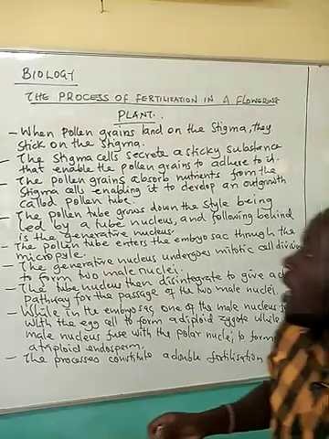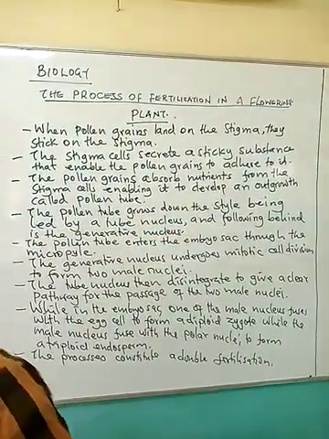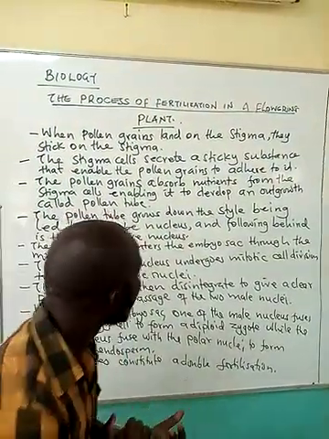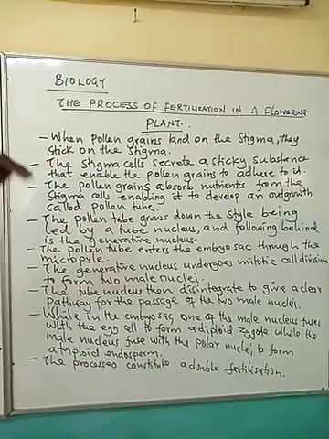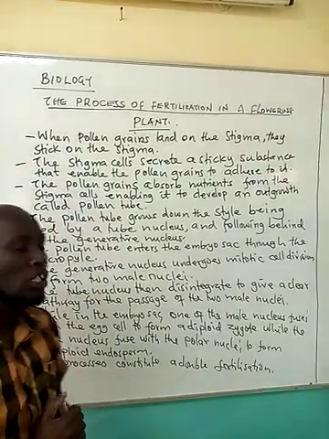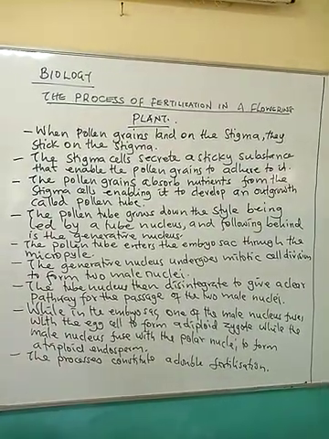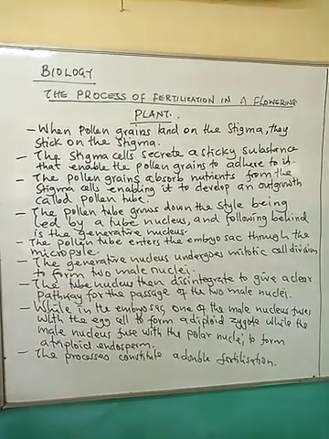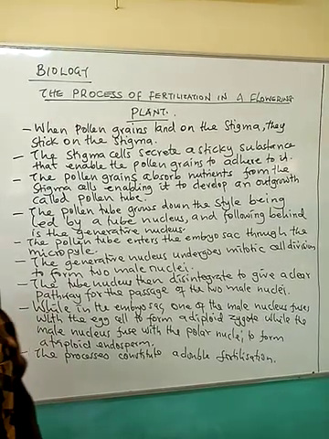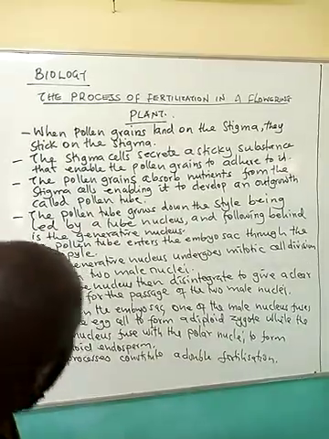This pollen tube grows down the style, and as it grows down the style, it is going to be led by two types of nucleus. At the tip we are going to have what we call the tube nucleus, and following behind closely is what we are calling the generative nucleus.